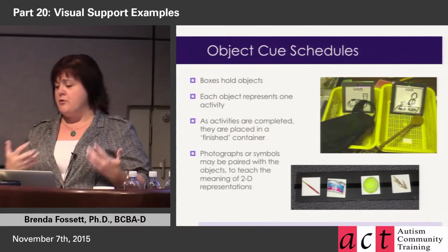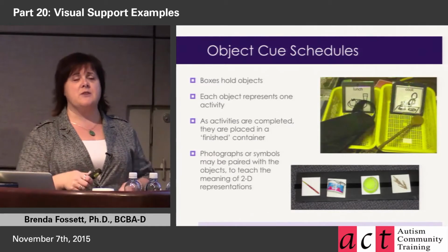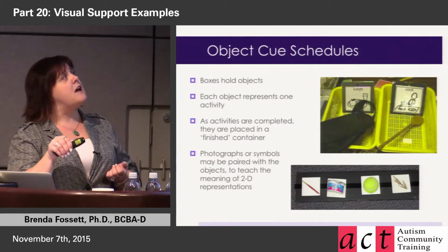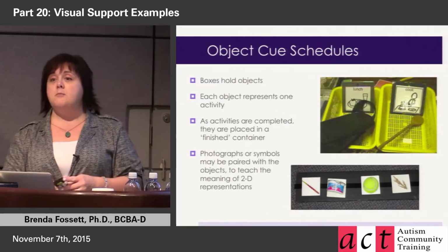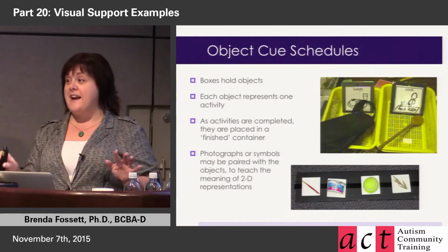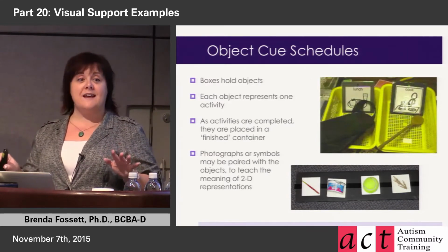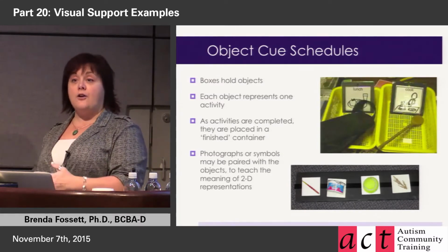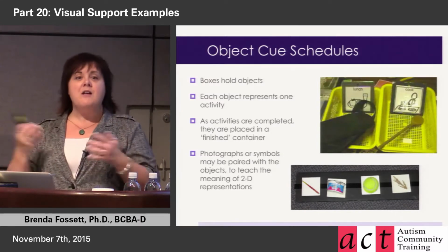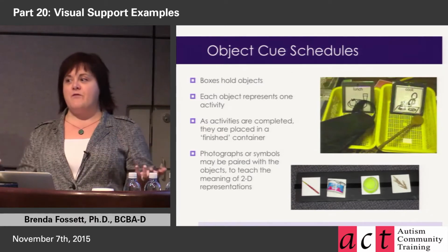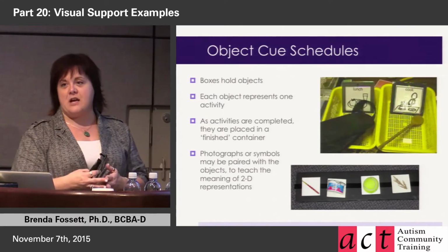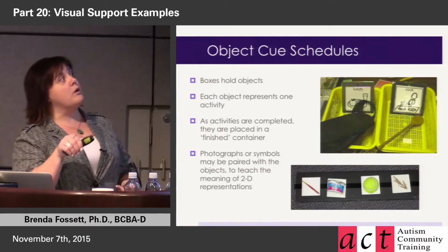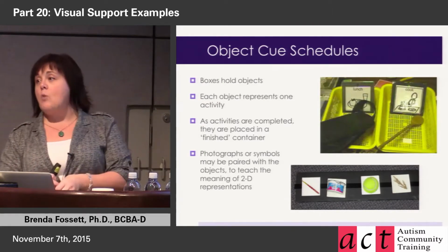We did determine through some assessment in terms of his understanding of visuals that he seemed to understand black and white picture communication symbols better than any other two-dimensional representation. He had real difficulty with photographs, and he had difficulty with colored symbols, and it seemed for him that color was just too much information. It was more information than he could process, but that he couldn't reliably even understand the black and white.